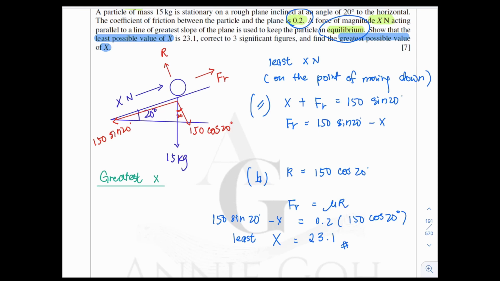The word greatest means you are pushing in this direction with the greatest force, and you have to maintain this particle in equilibrium, meaning not moving. If you apply the greatest force to push this particle up, this particle should be on the point of moving up. It should be on the point of moving upwards.